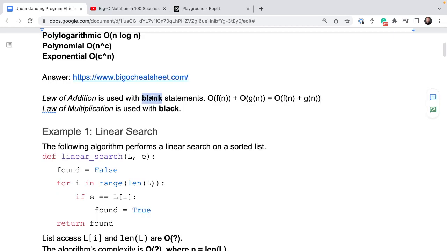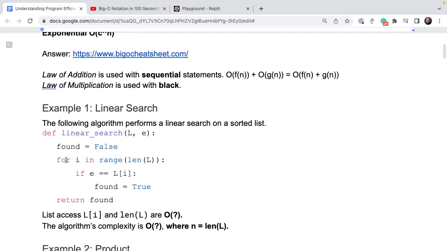This first problem is just a review. This is when we're considering what type of statements? Cool, y'all reviewed. Sequential statements. So if we look at this linear search down here below, this first statement was big O of 1.